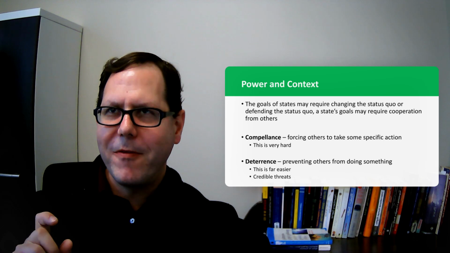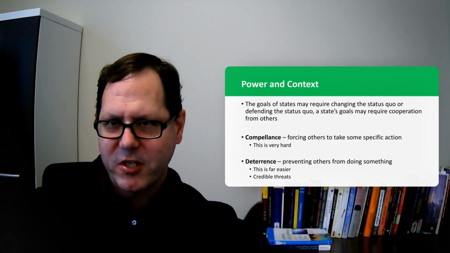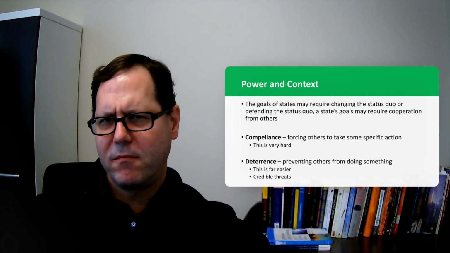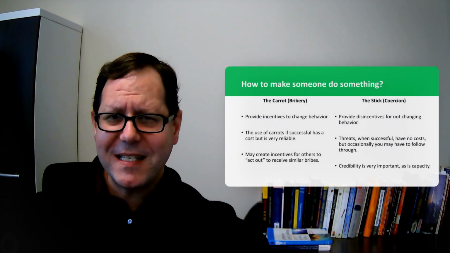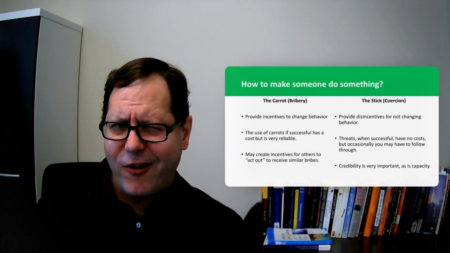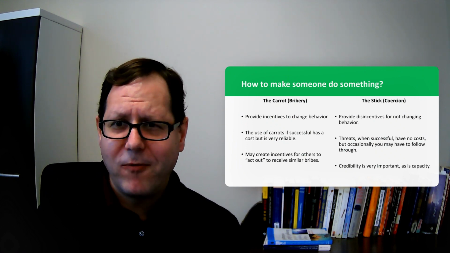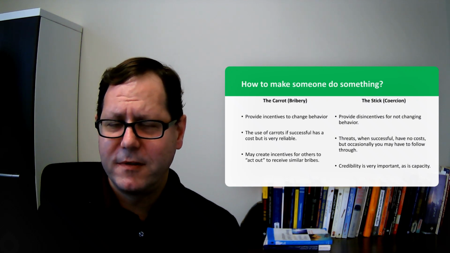So thinking about what we're actually trying to achieve, and whether we're trying to achieve that by standing over somebody and making them do it versus trying to deter them, can really change the nature of that power dynamic. This maybe gets us into this idea of carrots and sticks. It's an age-old metaphor around donkeys and how to get donkeys to move.